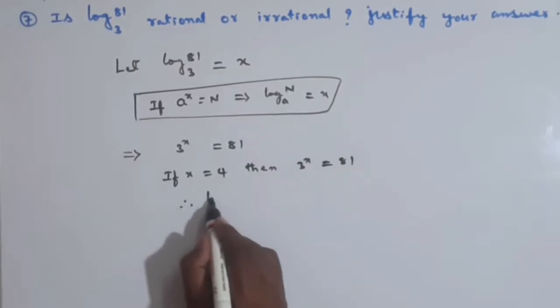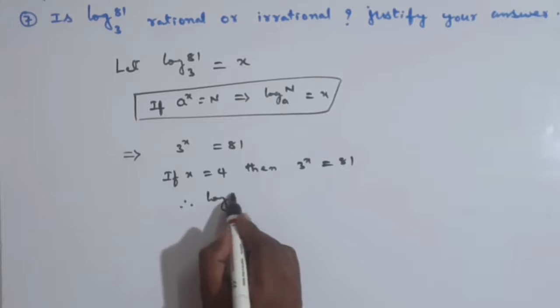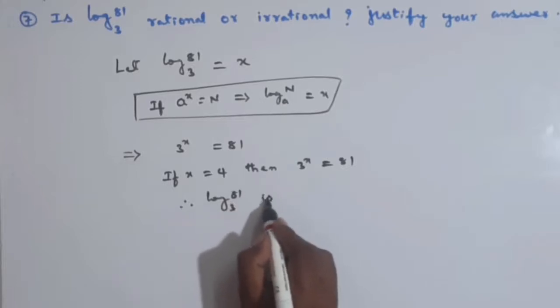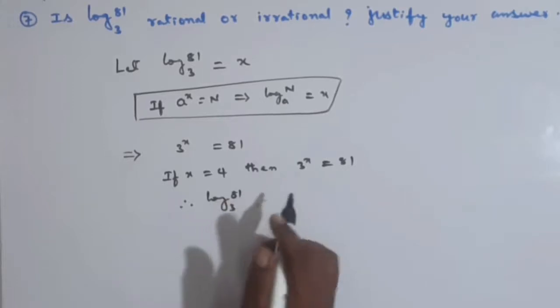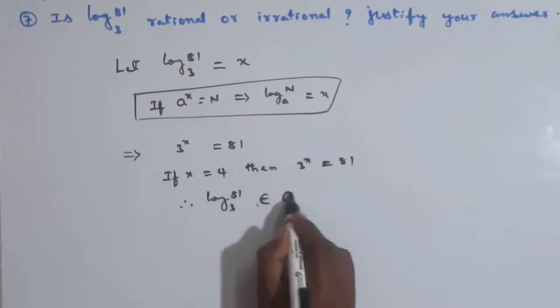Therefore, log base 3 to 81 belongs to the rational numbers.